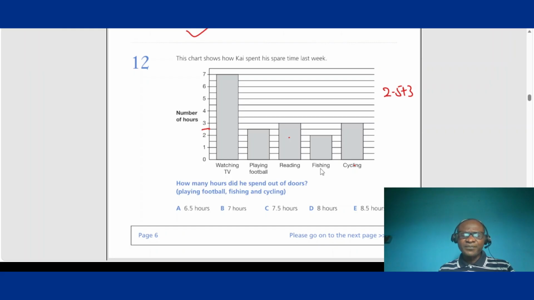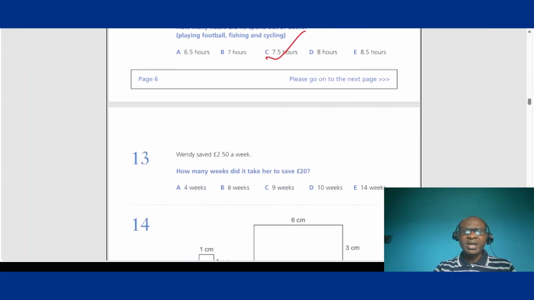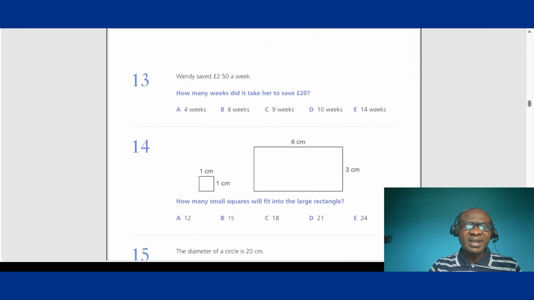And then fishing is exactly 2 hours plus 2 hours. So this and this will give us 7.5 hours. So that is option C. All right. You read the number of hours according to the rectangles in the bar chart. Excellent. We come to number 13.